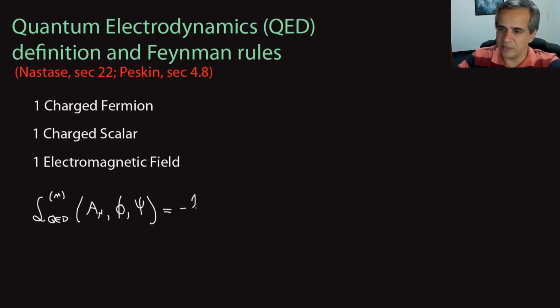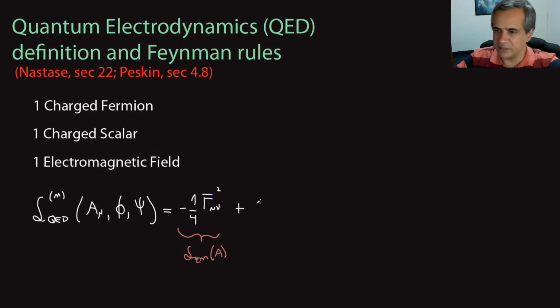So this is the piece we have already looked into, right? So this is what we have called in the past the electromagnetic Lagrangian of A, right?